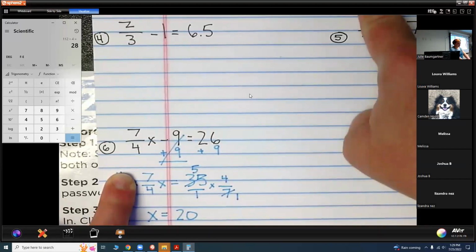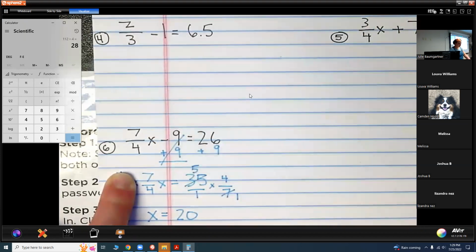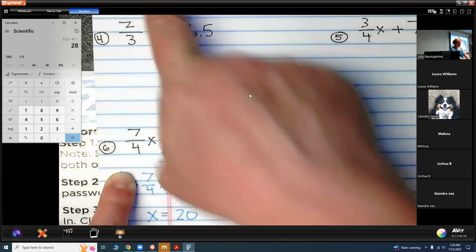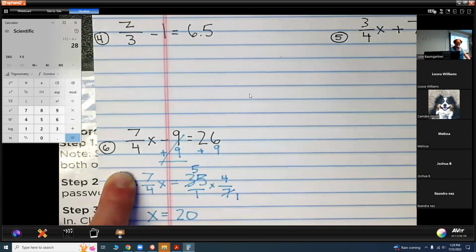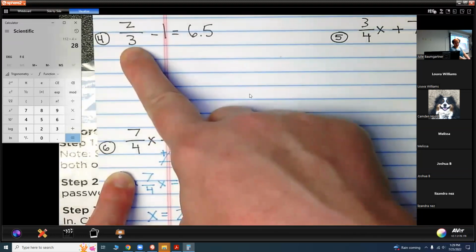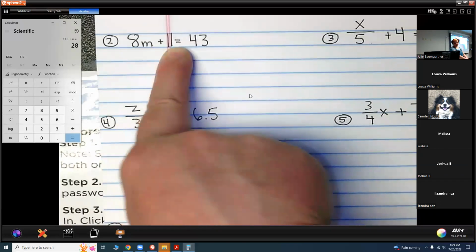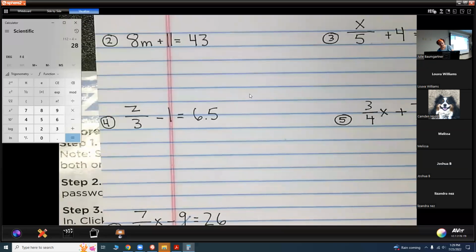In problems 3 and 4, our variables are being divided. In problems 2 and 5, it's being multiplied. So if it's being divided, then you multiply by 3. If it's being multiplied by 8, then you divide by 8.